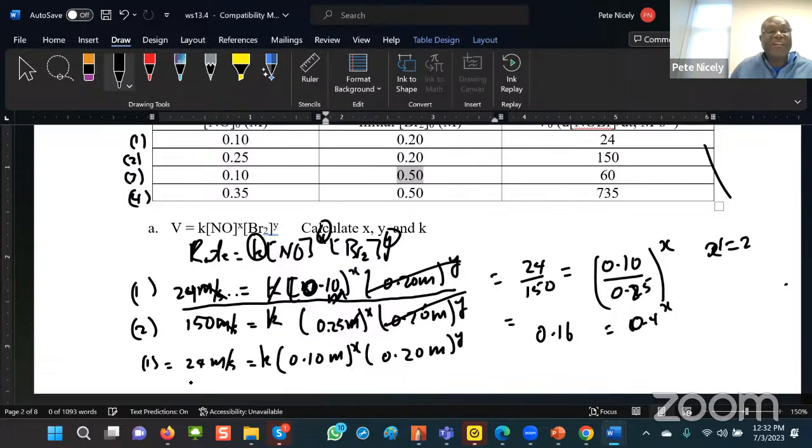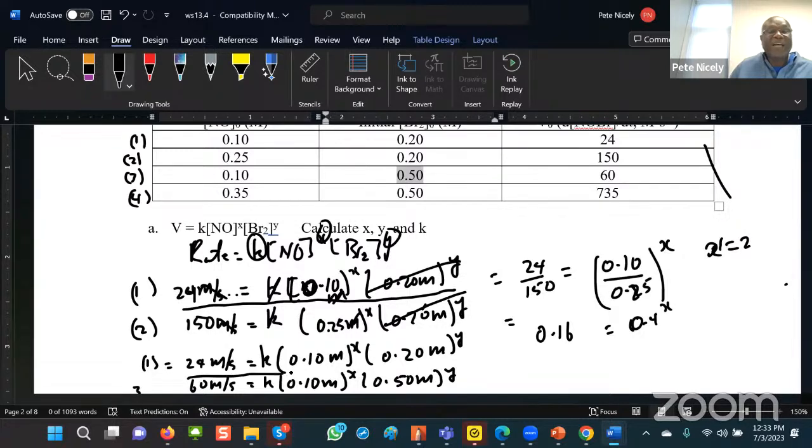And then down here, for experiment 3, the rate is equal to 60 M/s, and that is equal to k times 0.10 M raised to the x times 0.50 M raised to the y.